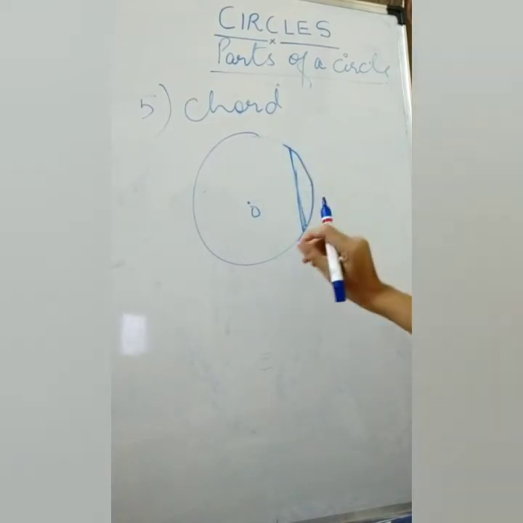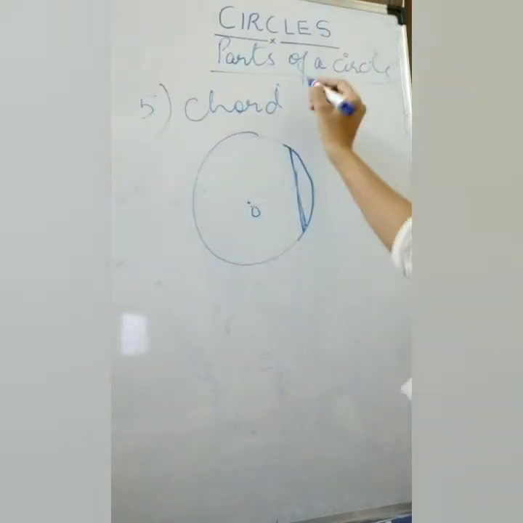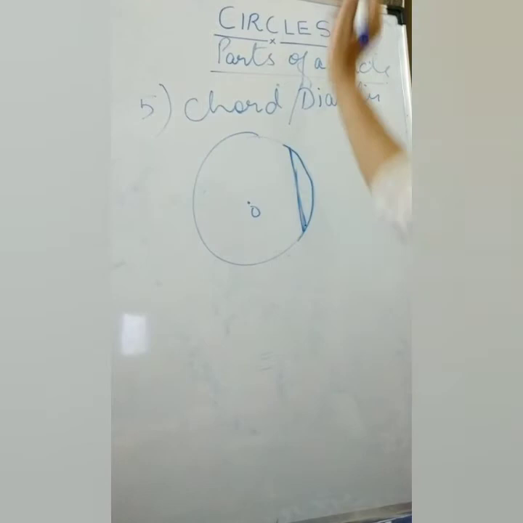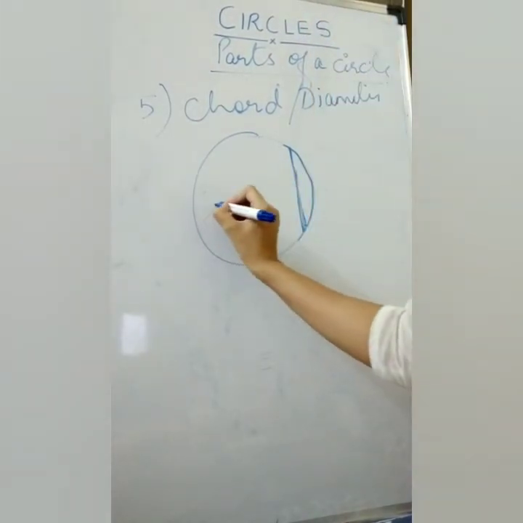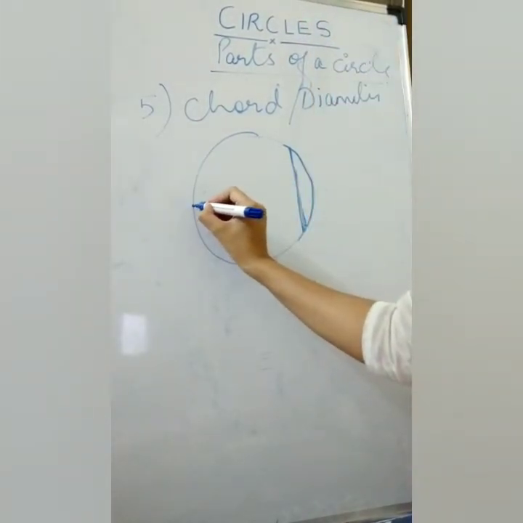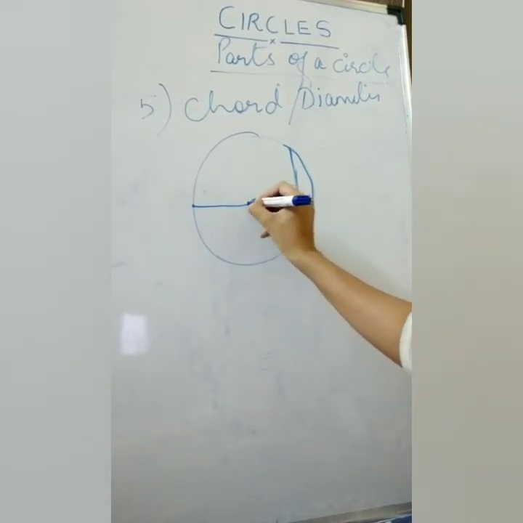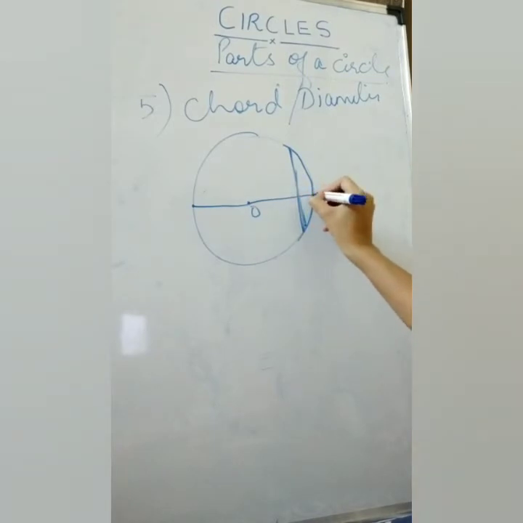So this is the chord. The difference between chord and diameter is that diameter passes through the center and moves to the other circumference.